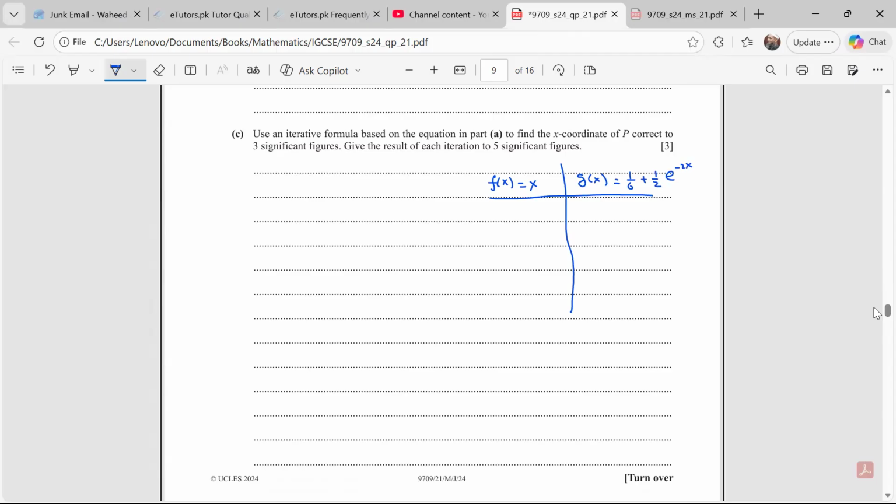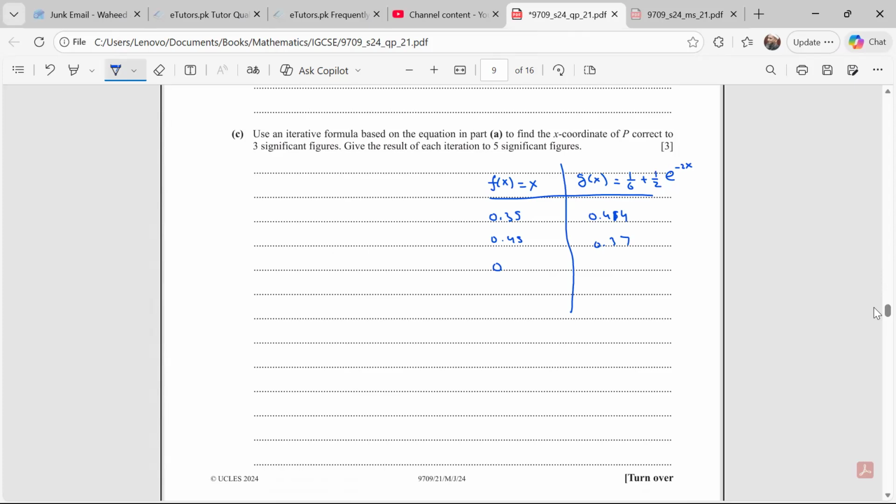We know that the answer is between 0.35 and 0.45. When x is 0.35, g of x was 0.414, and when x is 0.45, this is 0.37. So we need to find a value in between for which they're both equal. The next thing I will try is in between those two.